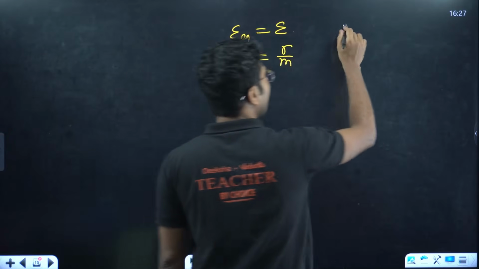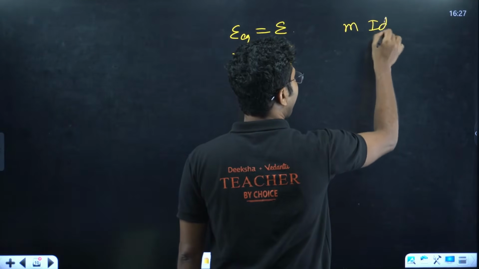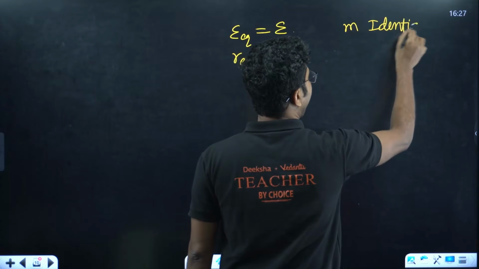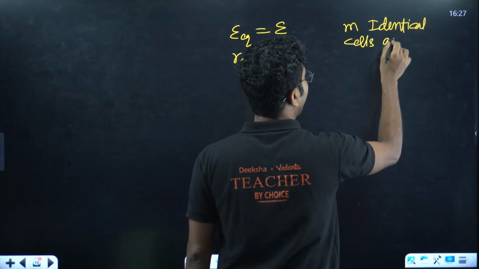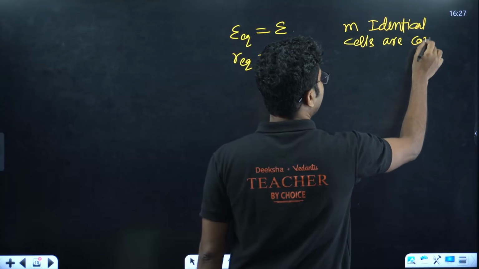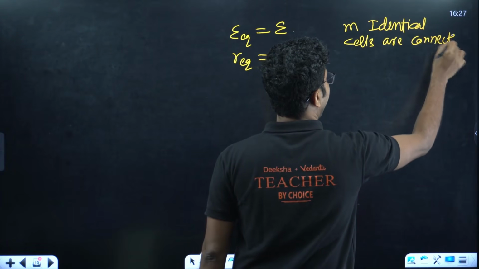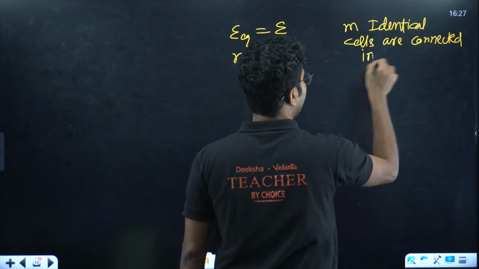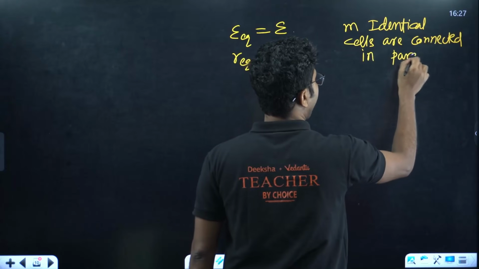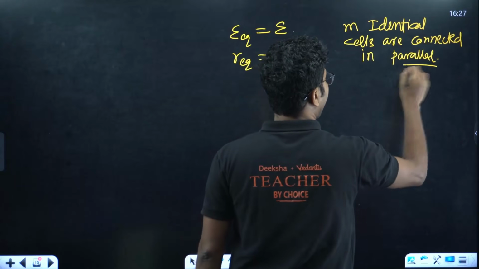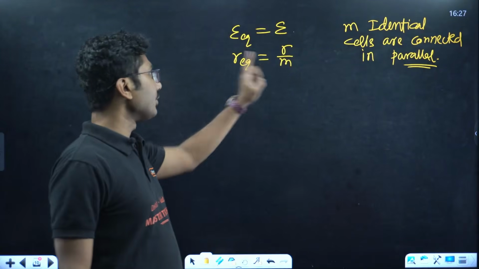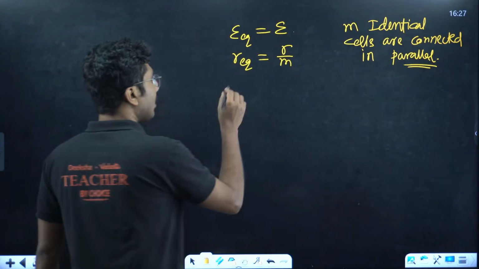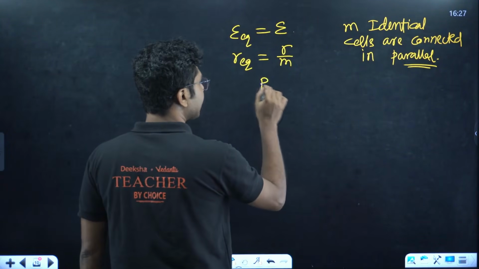Suppose m identical cells are connected in parallel. Then E equivalent is epsilon and r equivalent is r by m. Now we have an external resistance capital R as well.